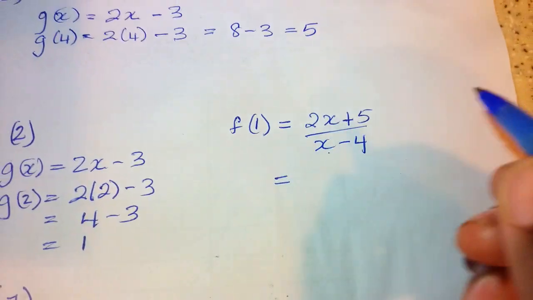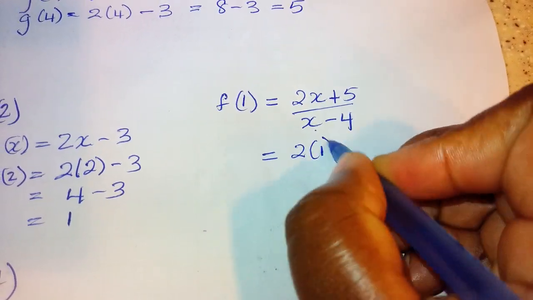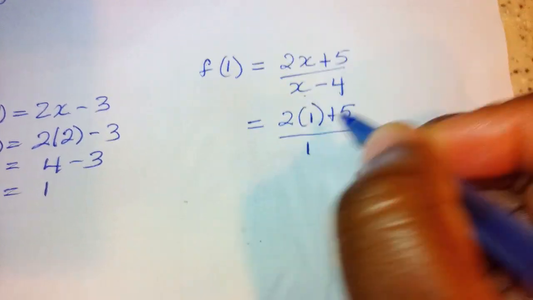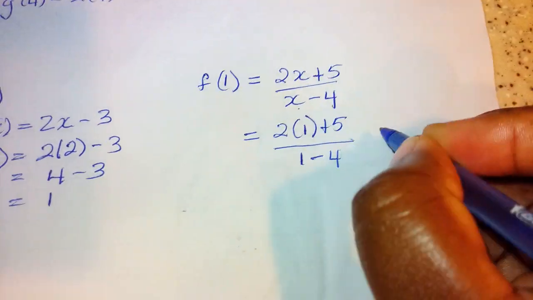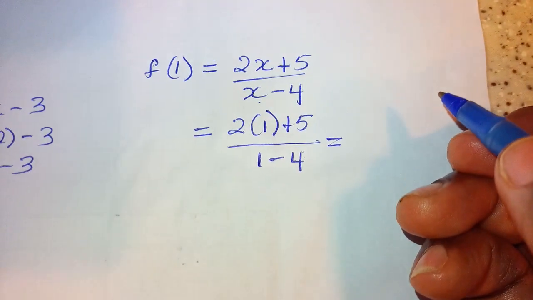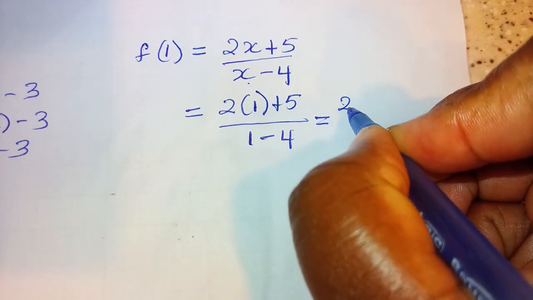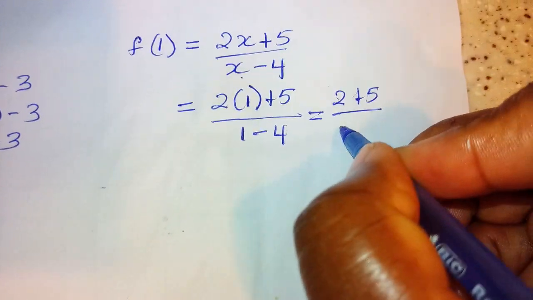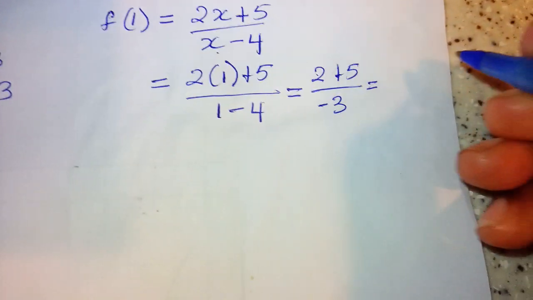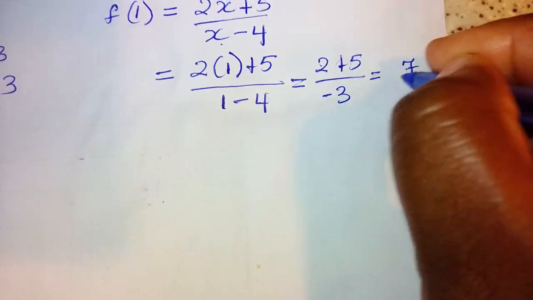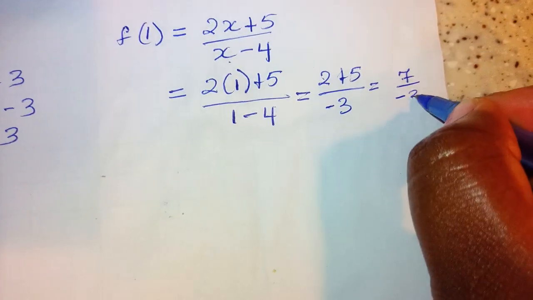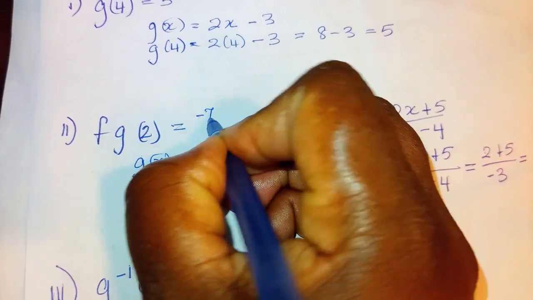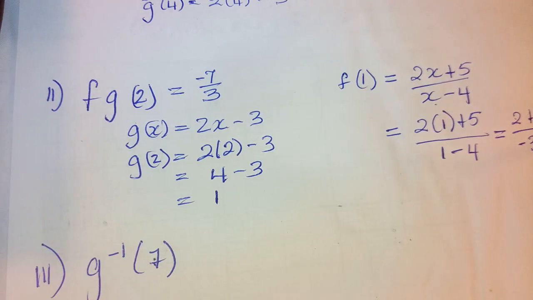So when we're finding f of 1, it's going to be (2 times 1 plus 5) all over (1 minus 4). Now we're just going to simplify. 2 times 1 is 2, plus 5, all over 1 minus 4, that's negative 3. And our final answer becomes 7 over negative 3. Therefore f of g of 2 is negative 7 over 3.